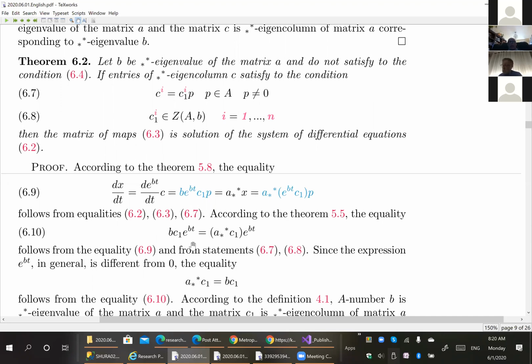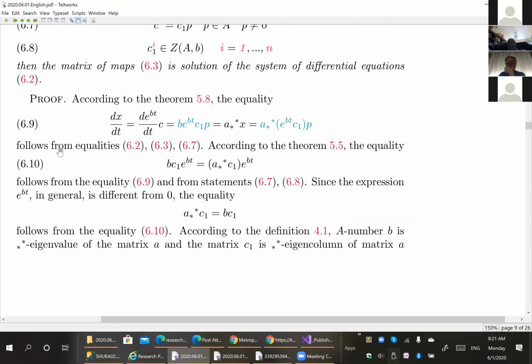And again, because the exponent in general is different from 0, we can reduce this exponent, and we have the equation A times C1 equals B times C1. And again, I see that B is an eigenvalue and C1 is an eigenvector.